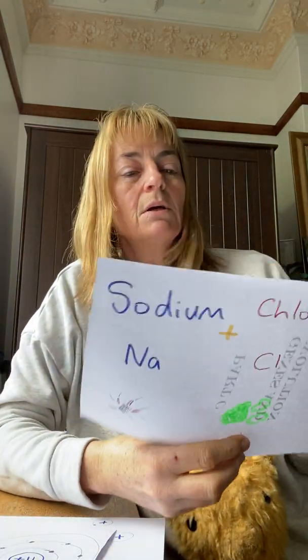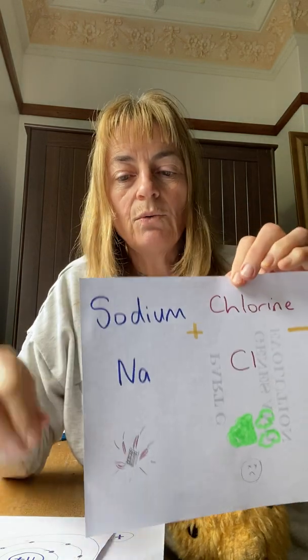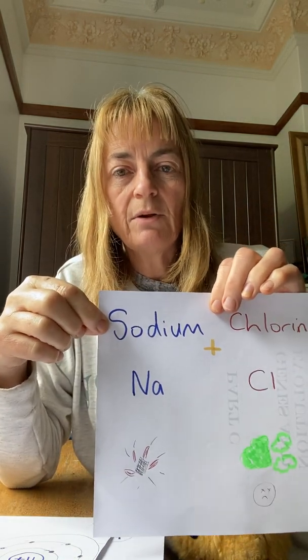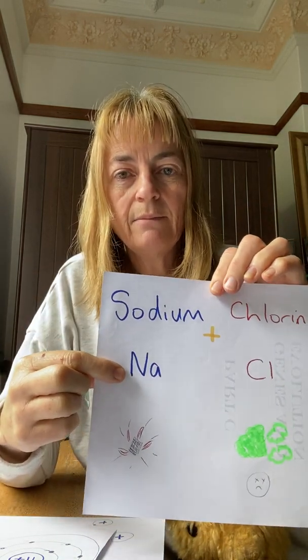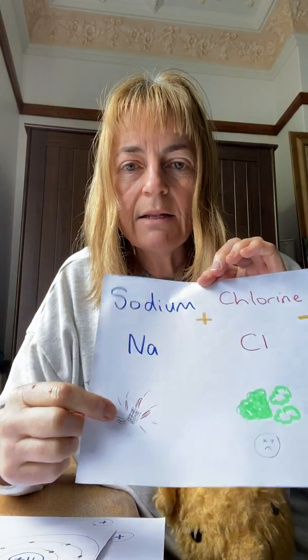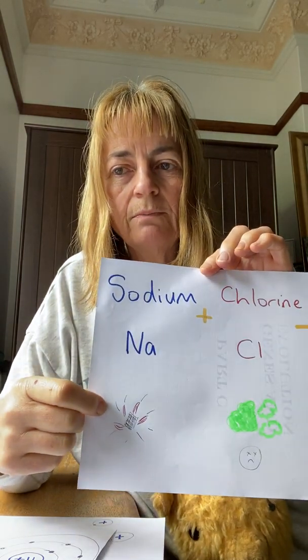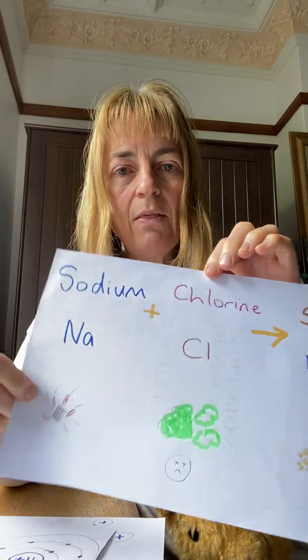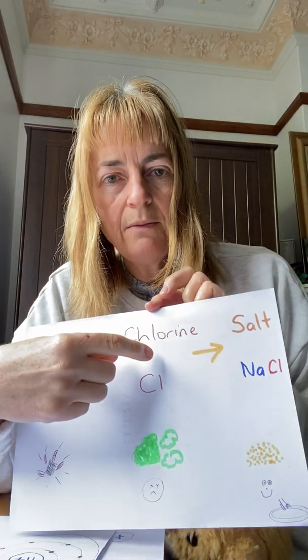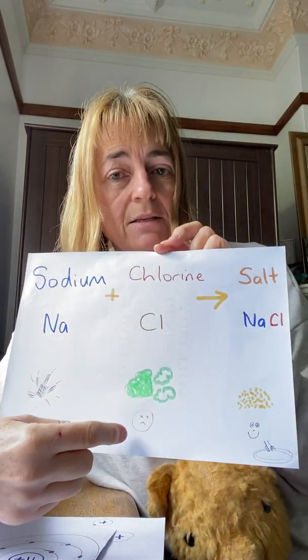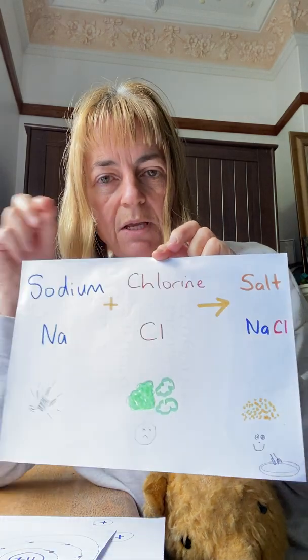So I'll just give you a couple of examples to start off with of chemical changes. Sodium is an element in the periodic table with the symbol Na, annoyingly not an S, and it's an explosive metal in its natural state. Then we have chlorine, which is a poisonous gas in its natural state with the symbol Cl.